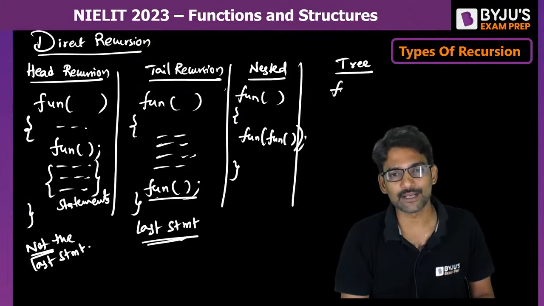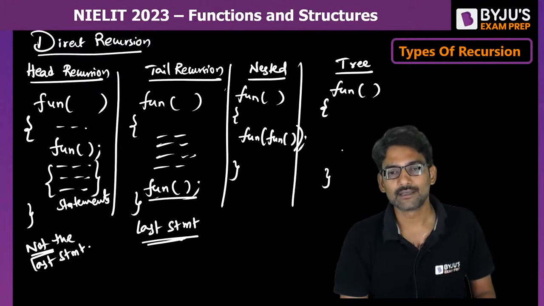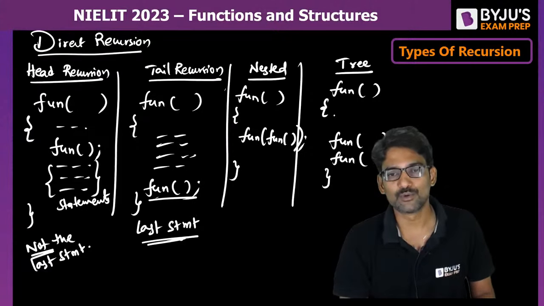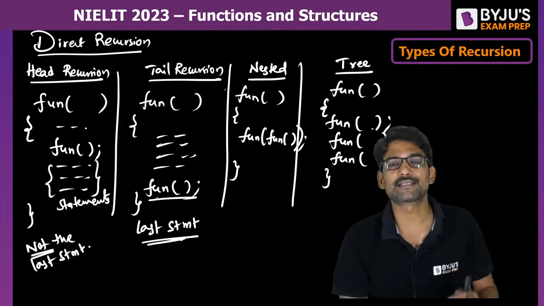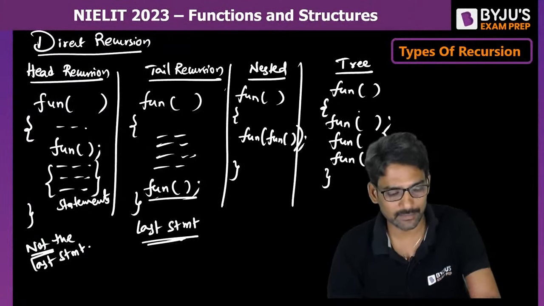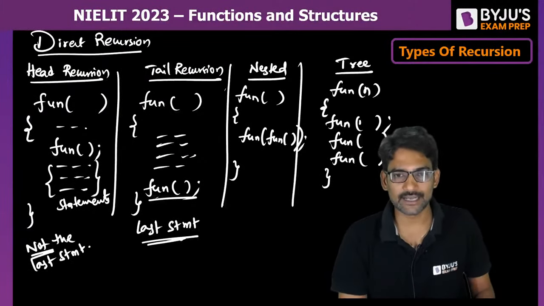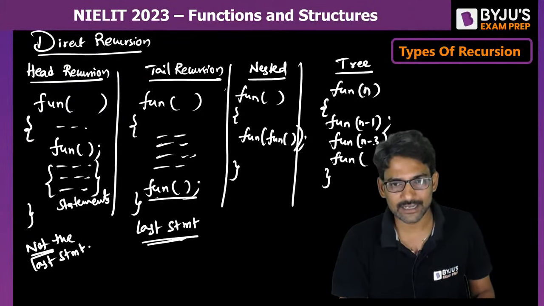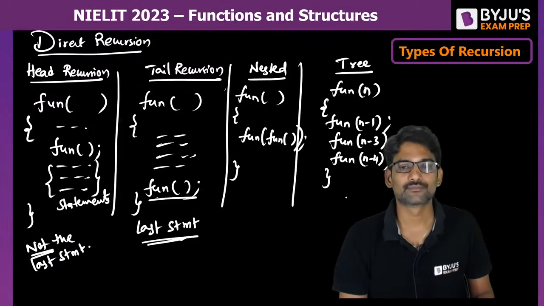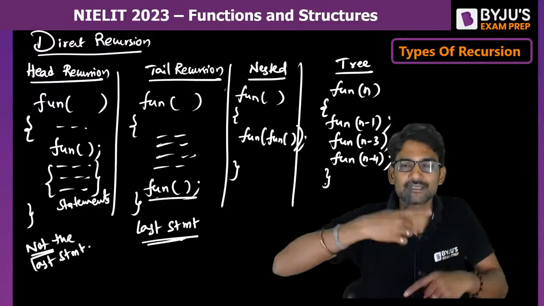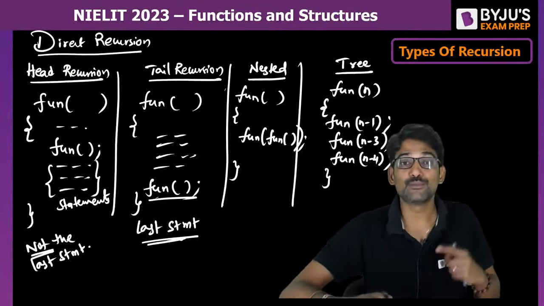And what is tree recursion? If there is more than one recursive statement. Suppose I am writing function int n. Here I write n minus 1, here n minus 3, here n minus 4. Means I am recursively calling this function more than one time.